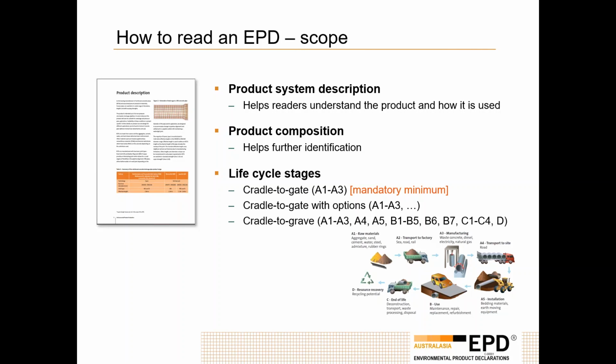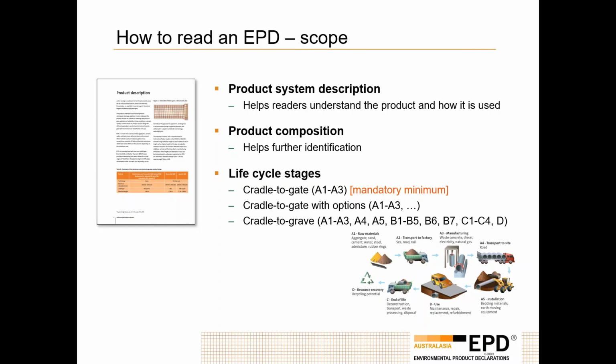It pays to actually understand what product you're looking at. The EPDs also need to have a product composition, which is again important to understand: is this product what I'm actually looking for, or is it something different? And if so, it also helps you understand what the key ingredients for that material are and what the potential environmental impacts associated with that are.